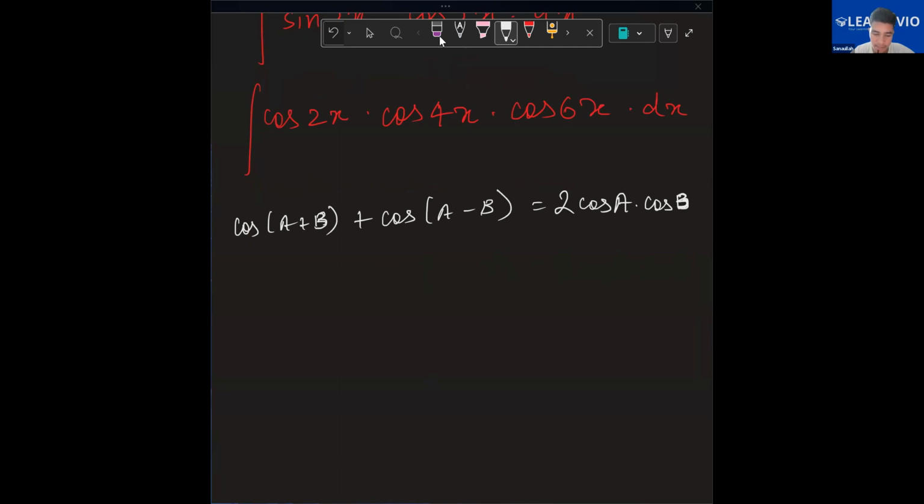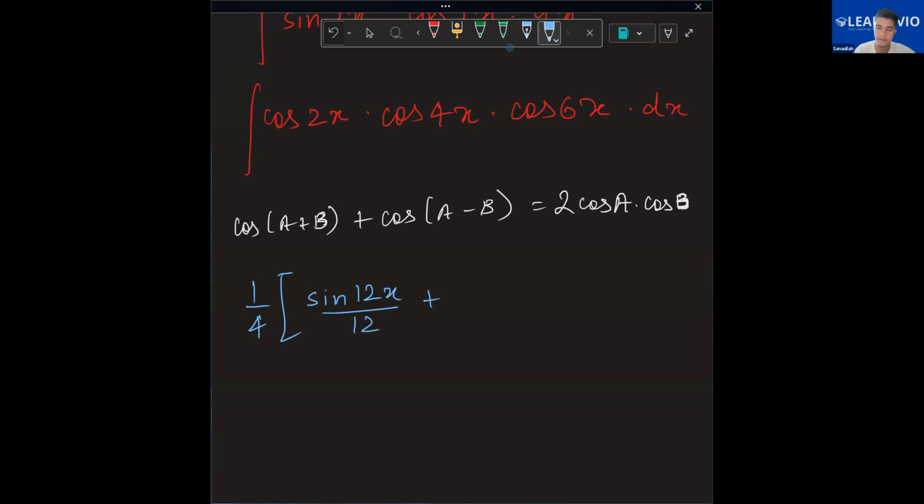Sin x by x. Sine 4x by 4. It's 1/4 sine of 12x by 12.